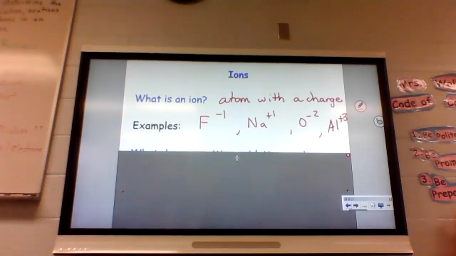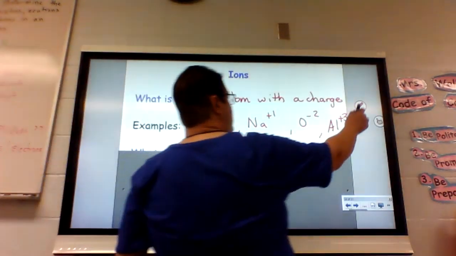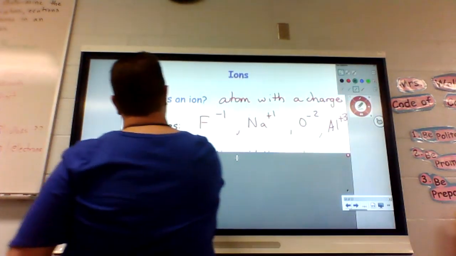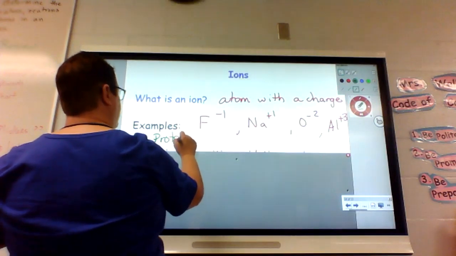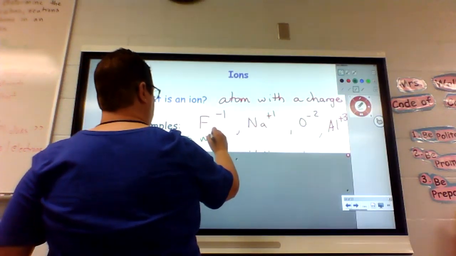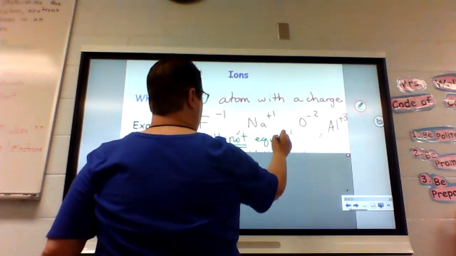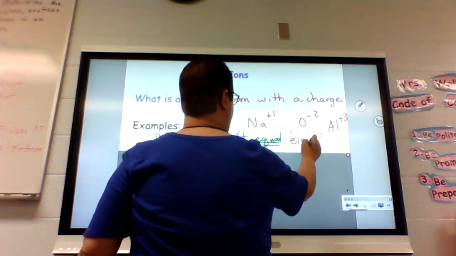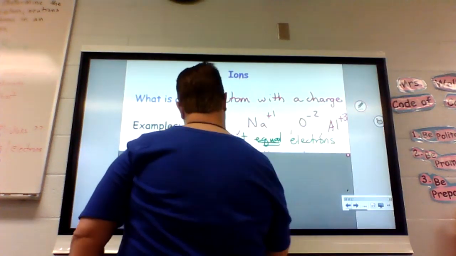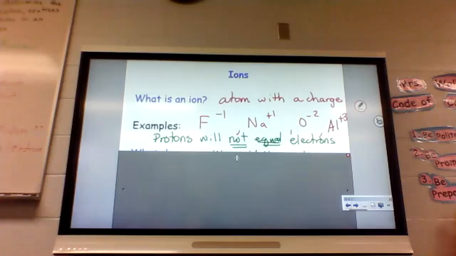To be an ion, the protons will not equal the electrons. That's what's going to make ions different: protons will not equal electrons.